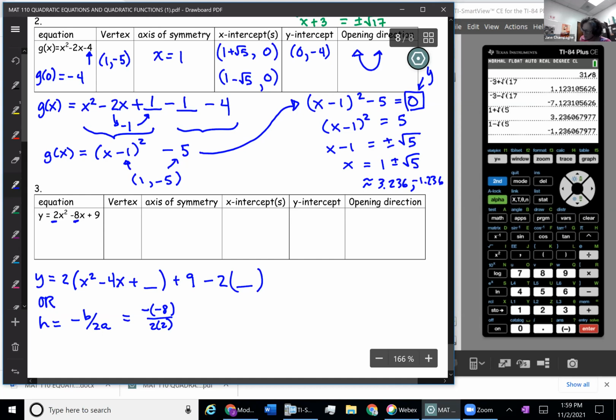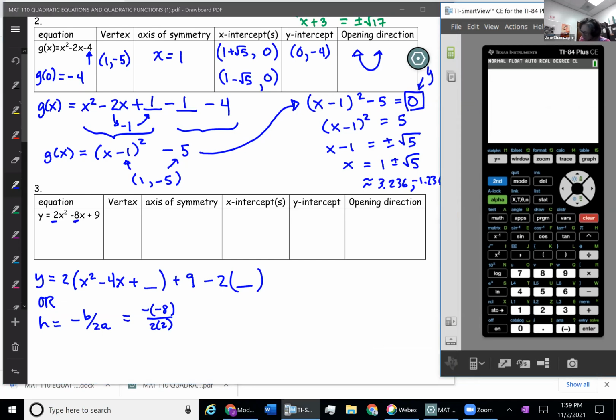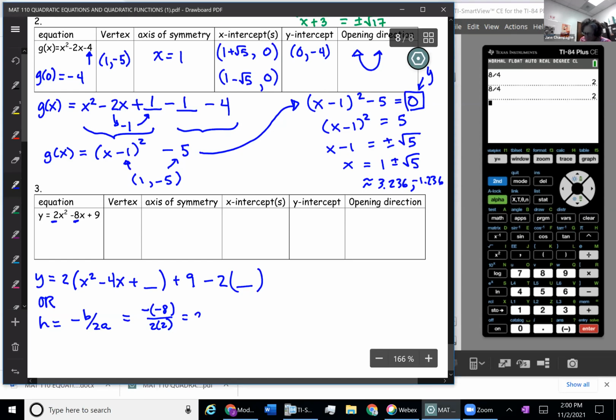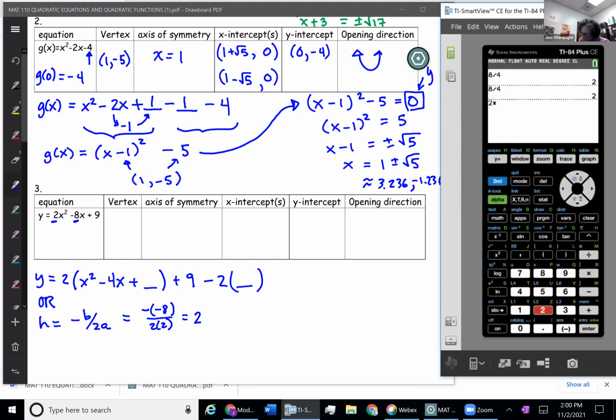So I'm going to use my calculator. 8 divided by 4, right? I can do 2 times 2 in my head. So that's 2. And then I can plug that into the function: 2 times 2 squared minus 8 times 2 plus 9. With a positive number, it's kind of easy.